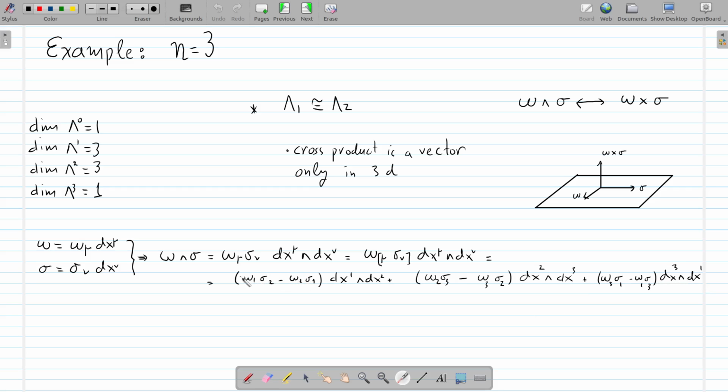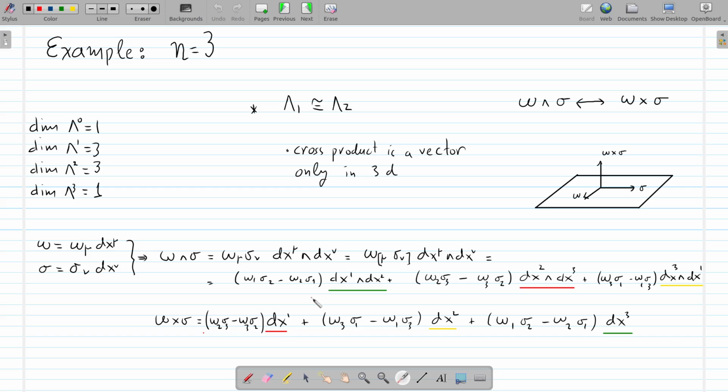And because dx1 wedge dx2 is minus dx2 wedge dx1, this common factor here has the components multiplied together but with a different sign.